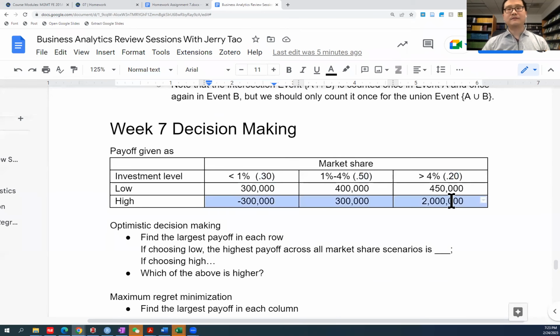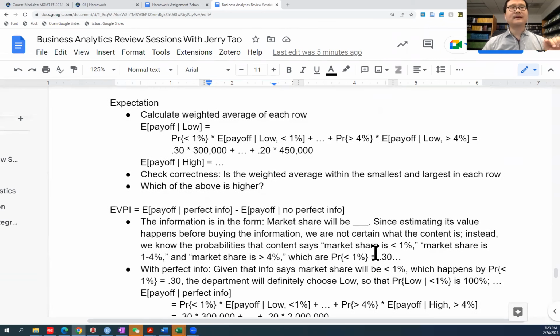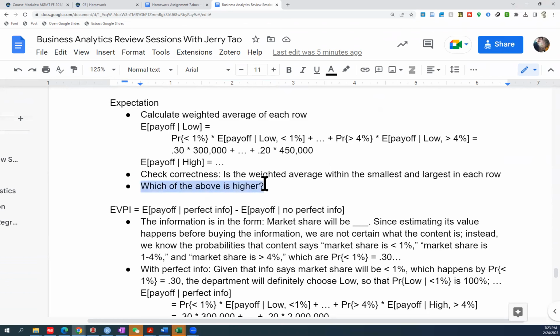And we do the same thing for high. This is exactly how I calculated the expectation. And to complete part 3, we would simply compare these two expectations to choose whichever gives us a higher expected payoff. So we did that very well.